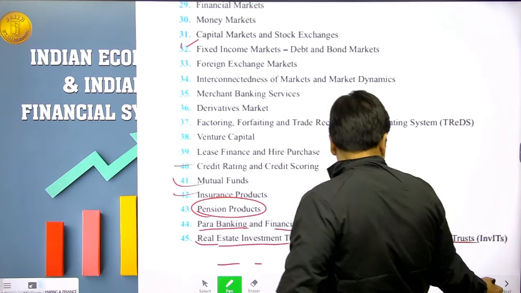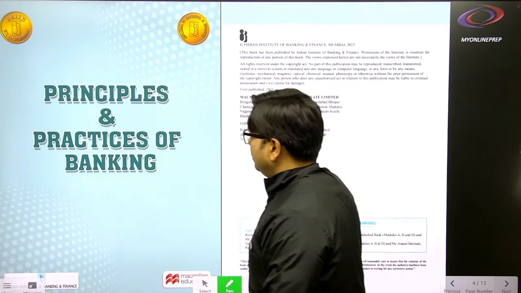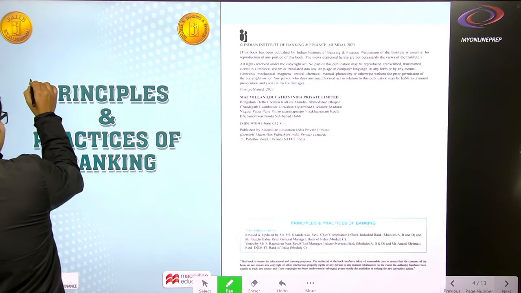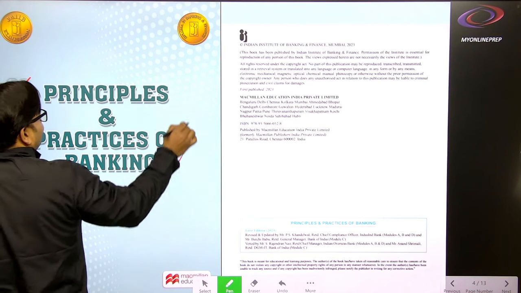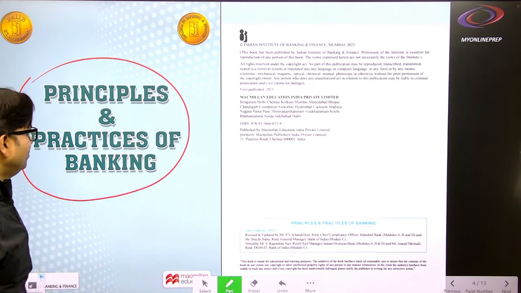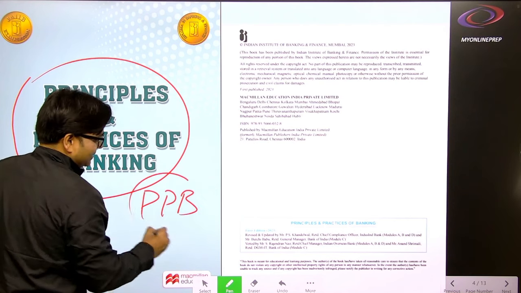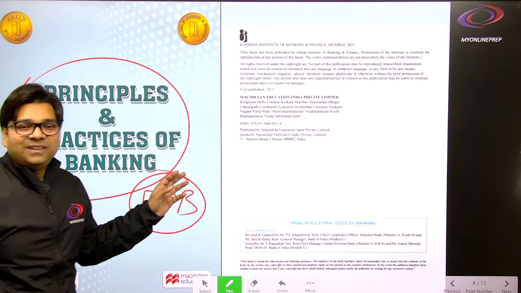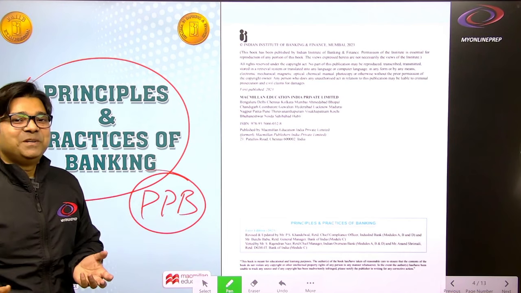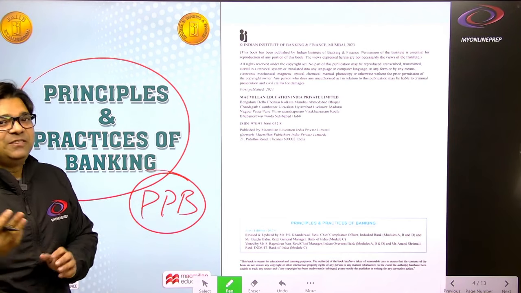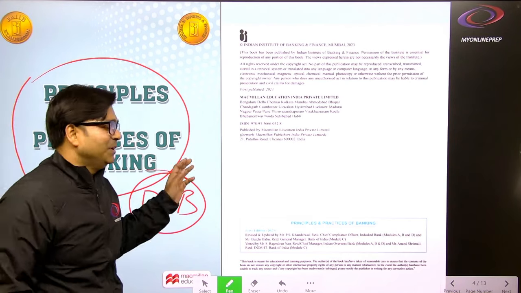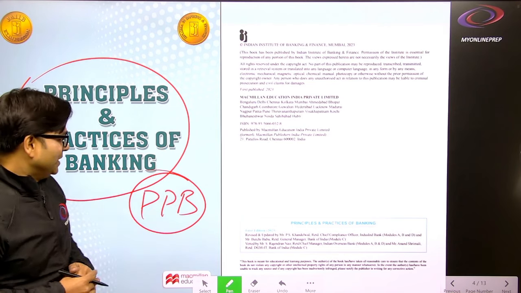Let's see the next paper. So as we have been studying this, the favorite one, Principles and Practices of Banking, in short PPB. This particular book has already been changed many times. There is a lot of changes have been made over the period of time.